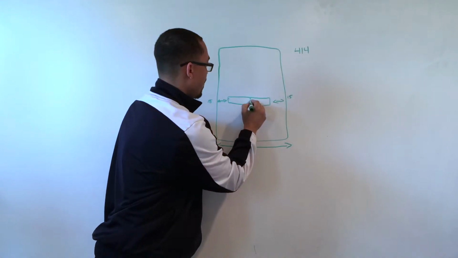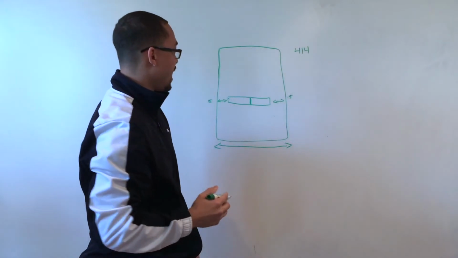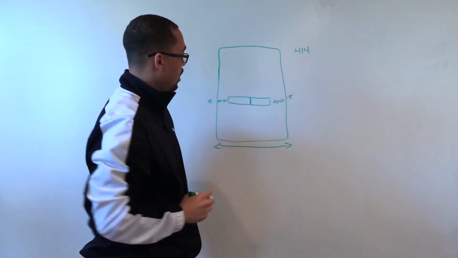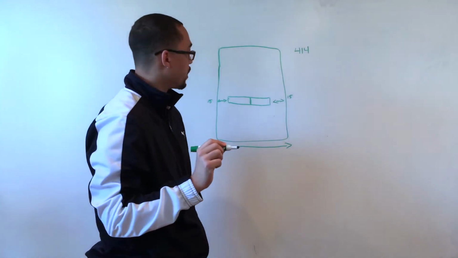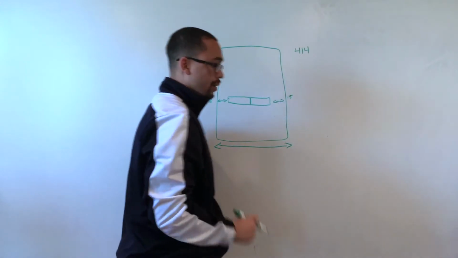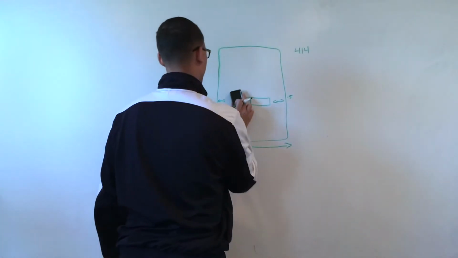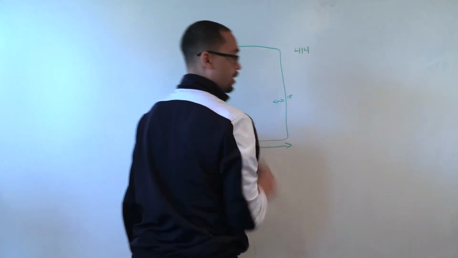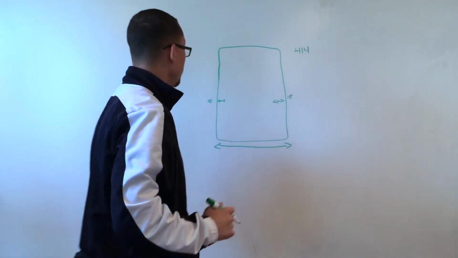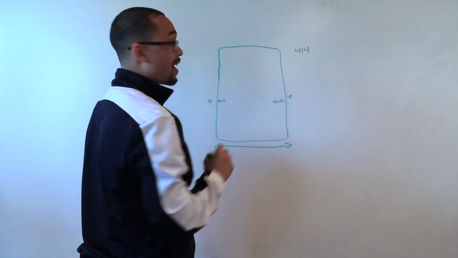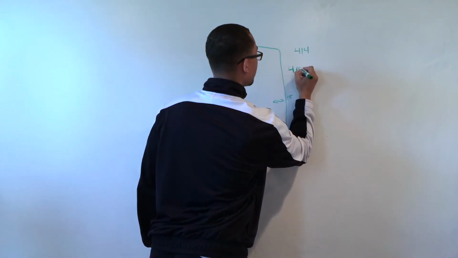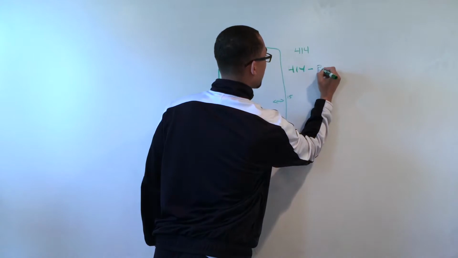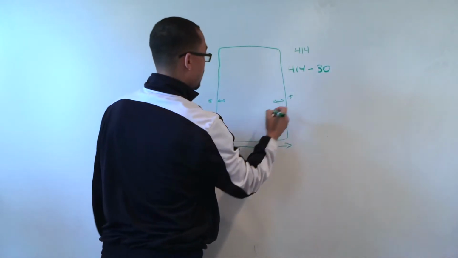That's how it would look if I don't minus the 7.5, which I'm going to show you in a second. So let me just erase this real quick and show you.